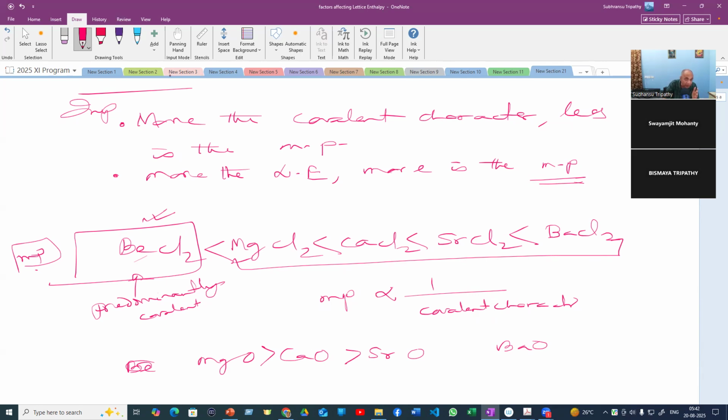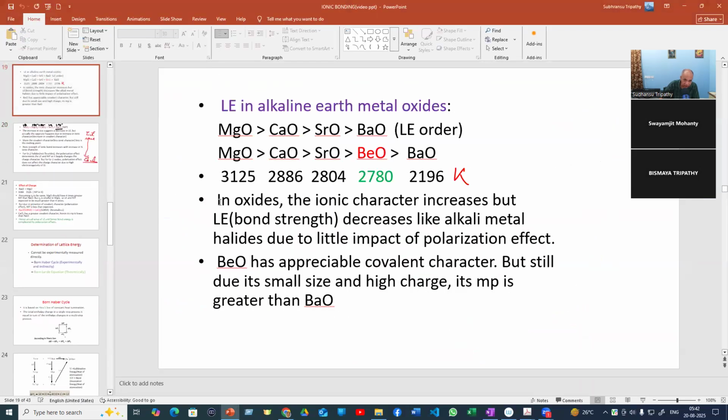Because of appreciable covalent character, its position comes here. It is much less, not like lithium chloride, which is lower than cesium chloride, but because it is oxide, its melting point is coming here because of the covalent character. Appreciable covalent character. See, I'll show you the exact data that I have done here.